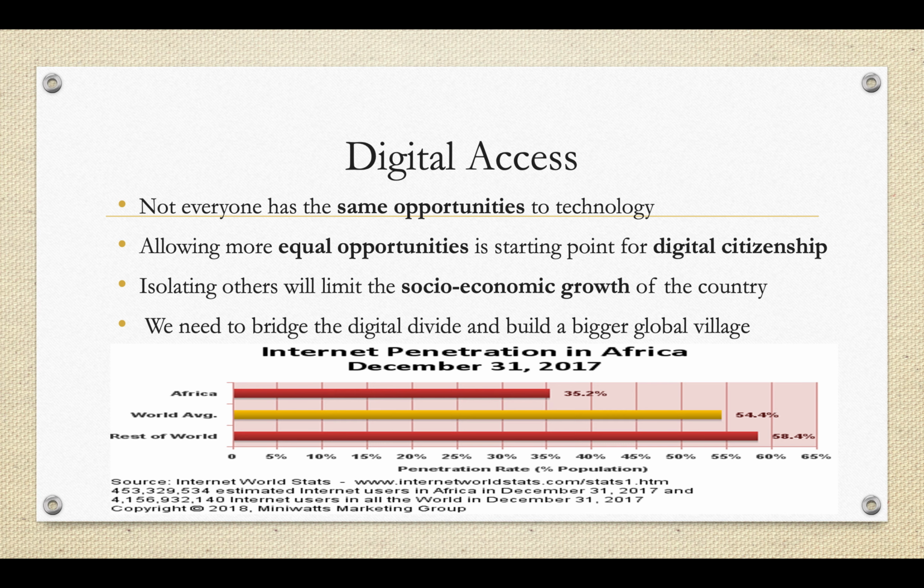By creating the digital divide, those that have technology will build a bigger global village, which was coined by Marshall McLuhan. So as a digital citizen, you should be taking into account that not everyone has access to technology, and what can we do about that to allow more of a bridge between the digital divide. Keeping in mind that the digital divide is just the divide between those that have access to technology and those that do not.